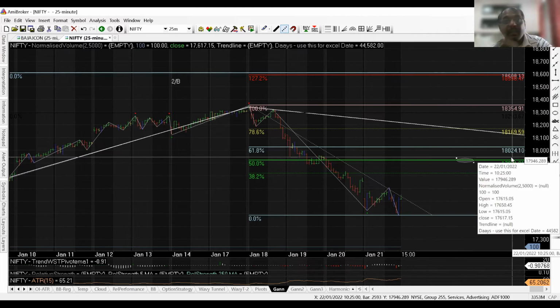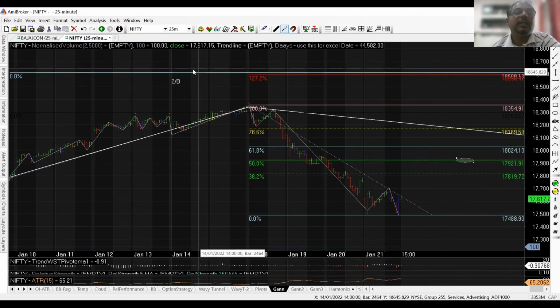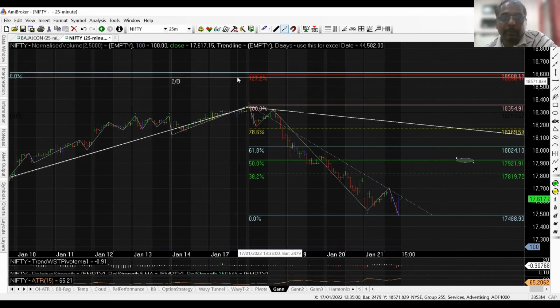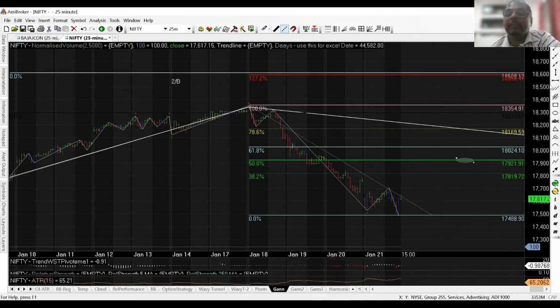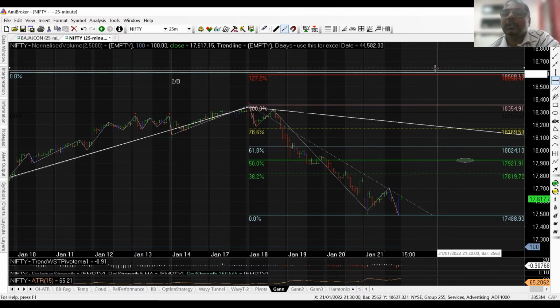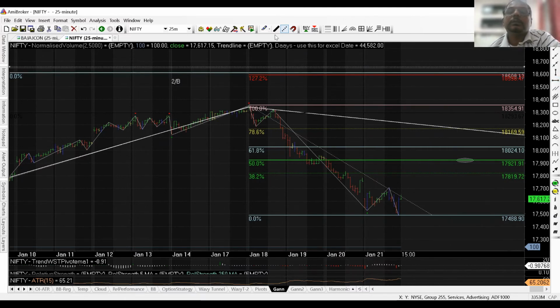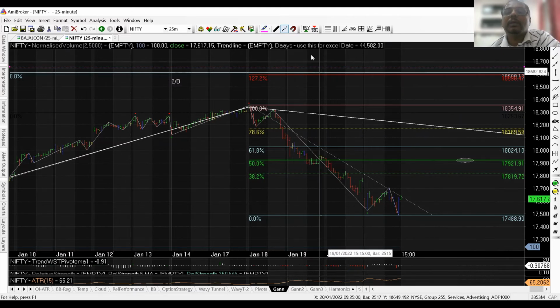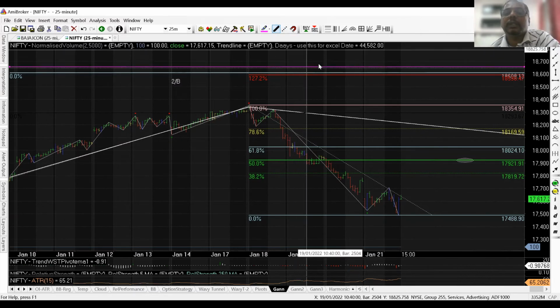Now my hat may be going down unless the market goes above 18,600 levels. So now this becomes my major stop loss. I draw this with magenta. This is my favorite color for deciding the stop loss.